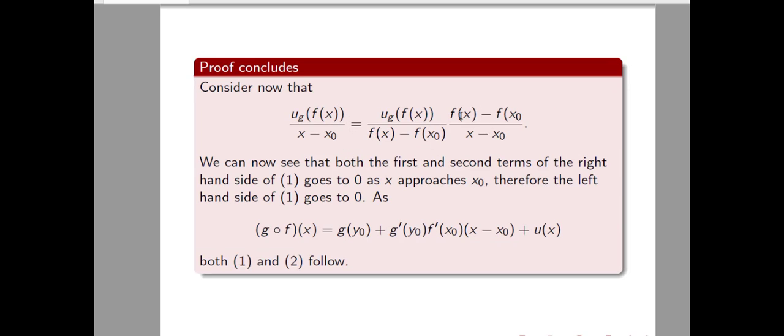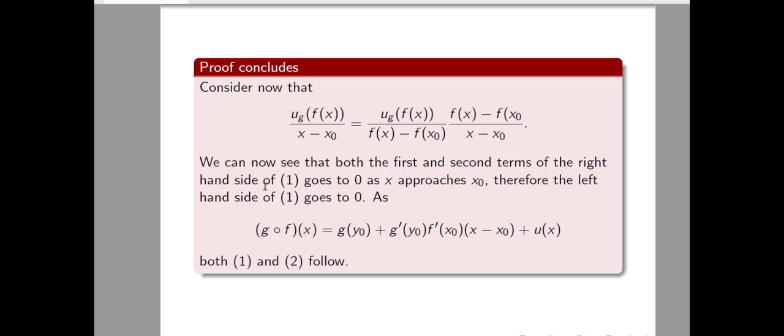Do some clever rewriting in it. Put in f of x minus f of x naught on the top, leaving off that parenthesis, in the numerator and in the denominator.